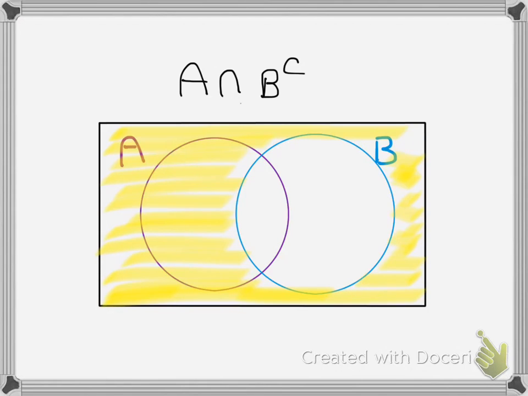I'm going to take it all off of there, because what we want is the complement of B, which is everything on the outside of B, and A is just this circle right here. So the only part where they overlap is right in here. So when you have A intersecting with the complement of B, it's kind of like saying A, as long as it's not a part of B.